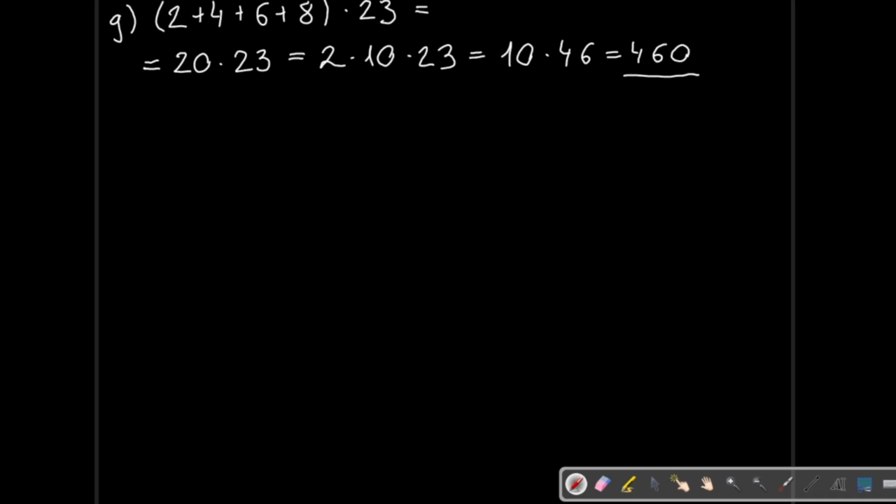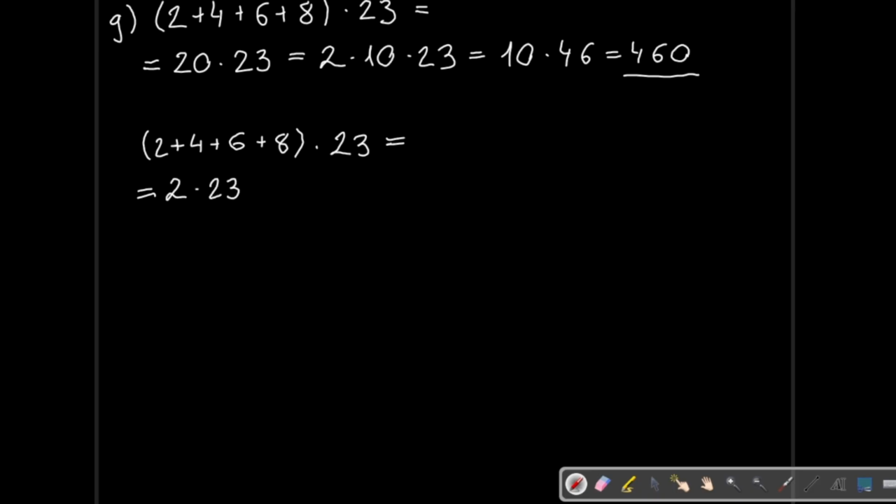Now, let's use the distribution rule here. We have 4 different numbers added together in the bracket here. But the distribution rule still works. Doesn't matter how many numbers we have in the bracket.